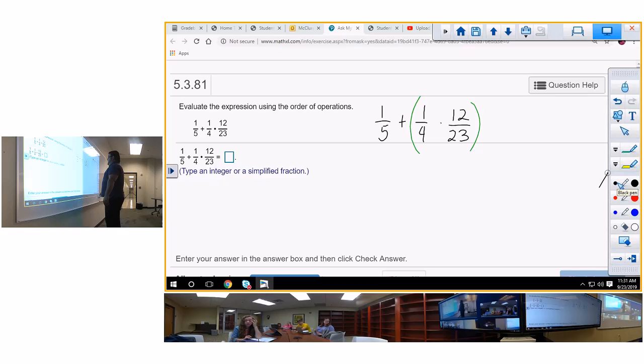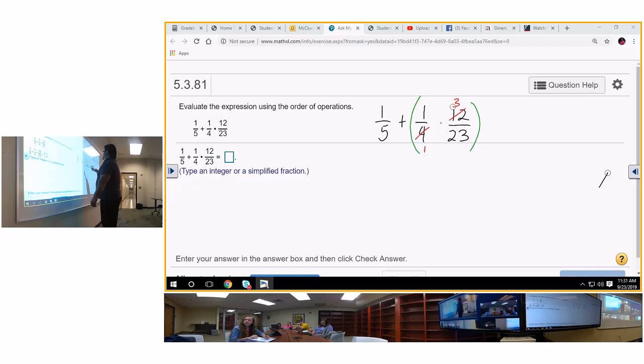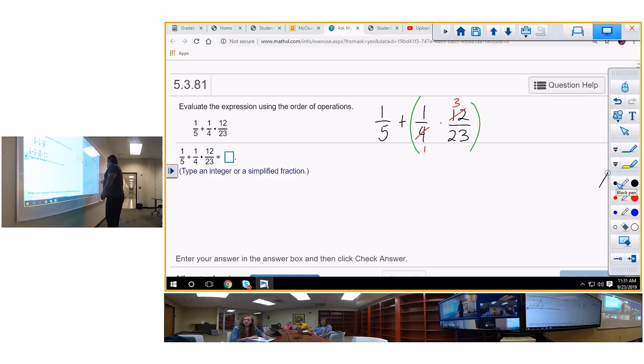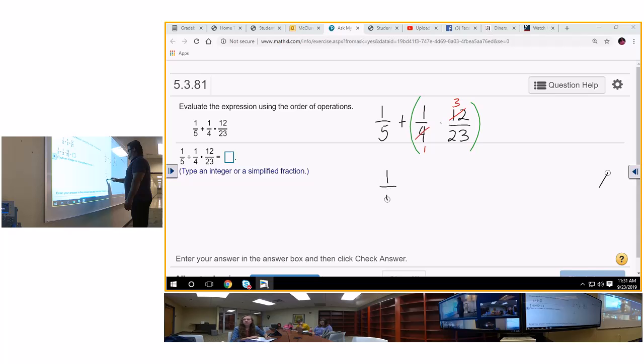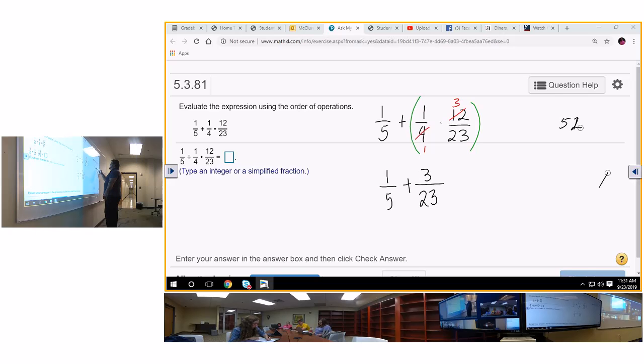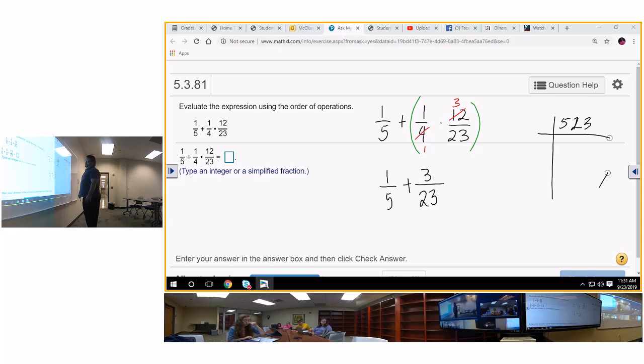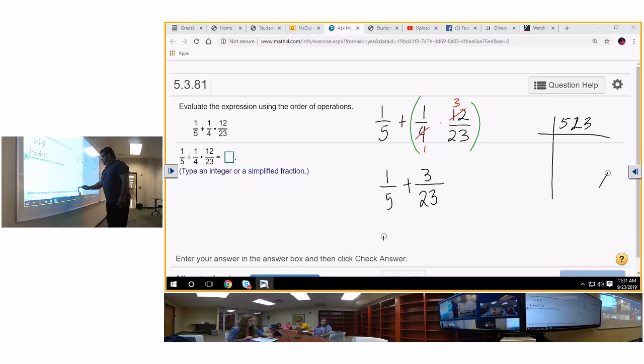So I'm going to cancel that 4 and that 12. And that's going to give me 1/5 plus, what's 1 times 3? 3. And 1 times 23? Well, 5 and 23 get a common denominator. What are 5 and 23 both? They're both primes, so just multiply them together. 115.